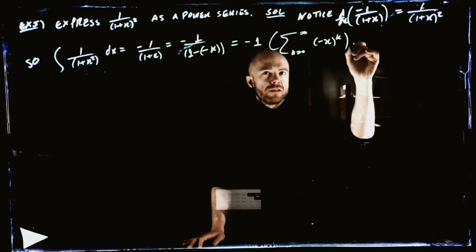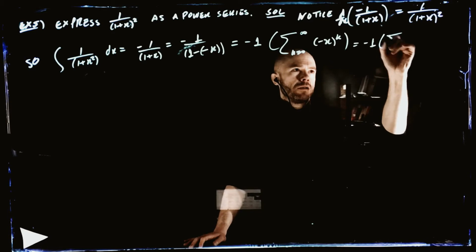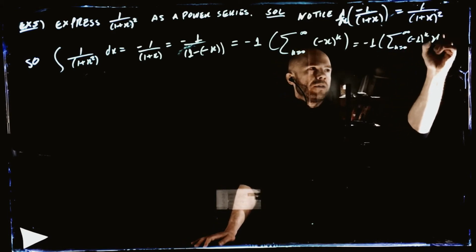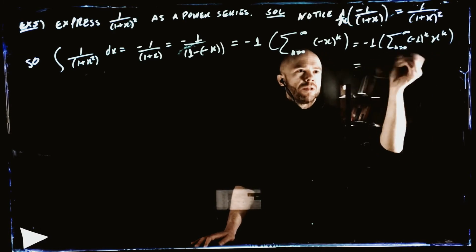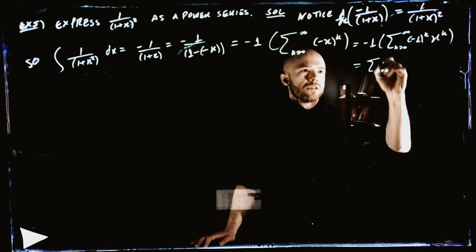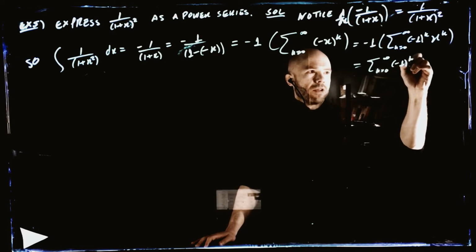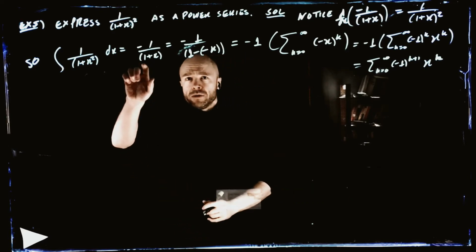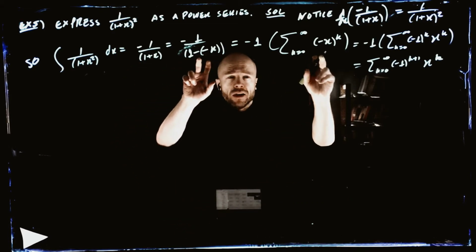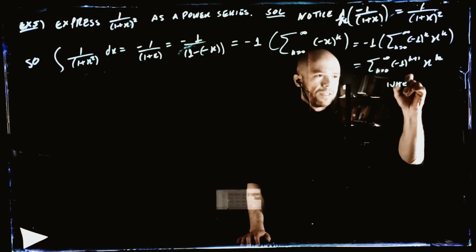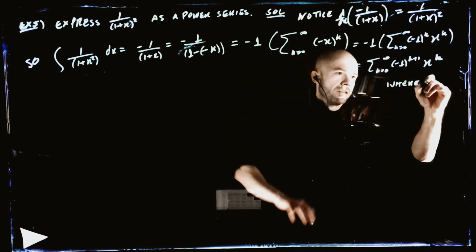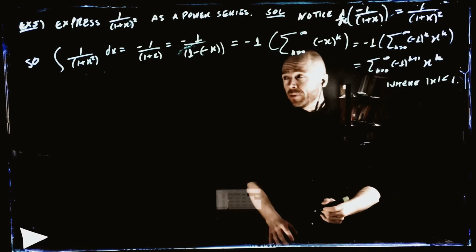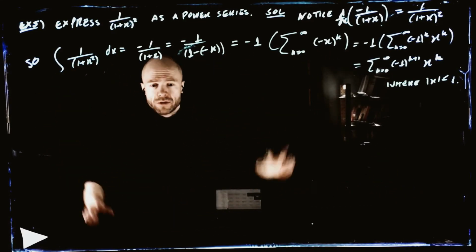Writing this out, it's minus the sum from k equals 0 to infinity of minus 1 to the k, x to the k. Let's put the minus 1 through and have a neat expression: the sum from k equals 0 to infinity of minus 1 to the k plus 1, x to the k. When is this going to converge? We use the step right here, which requires that the absolute value of minus x, which is the same as the absolute value of x, is less than 1.